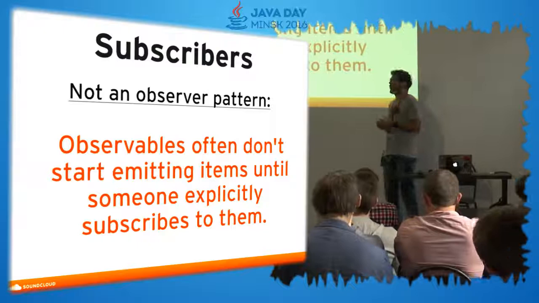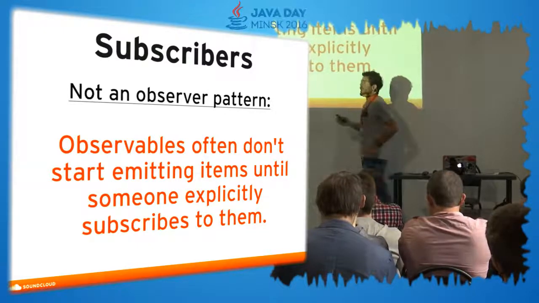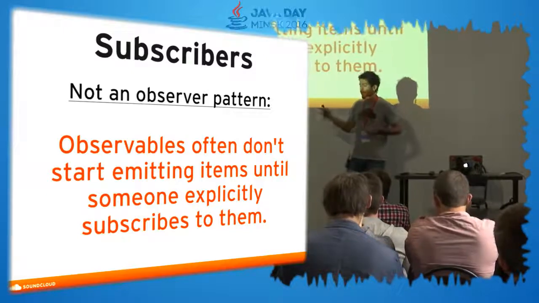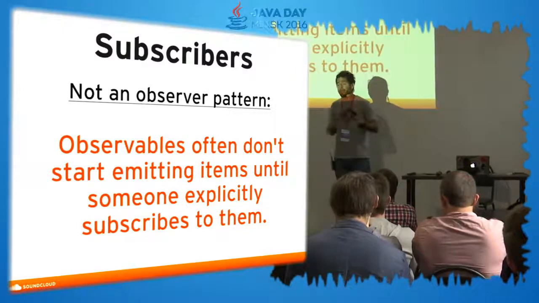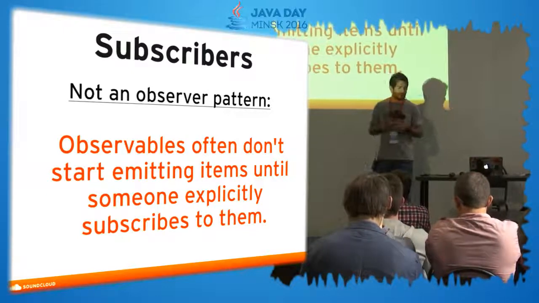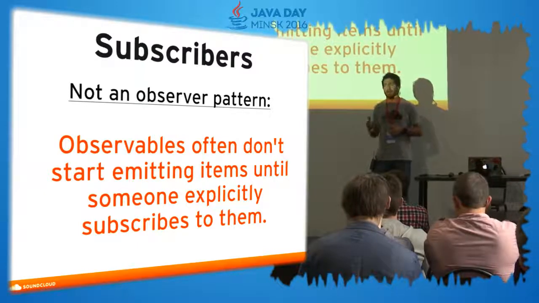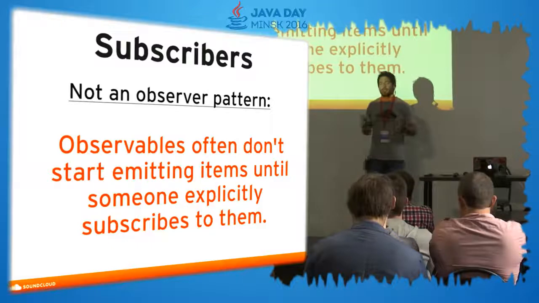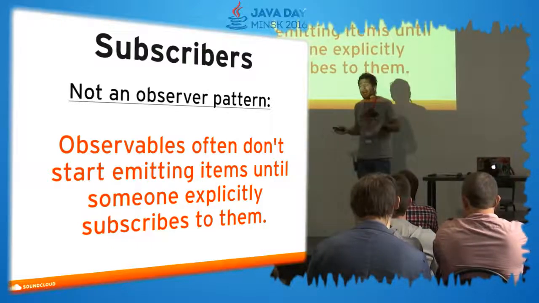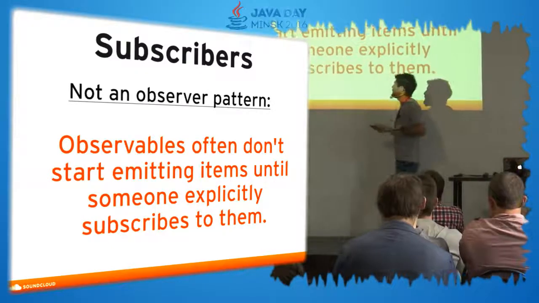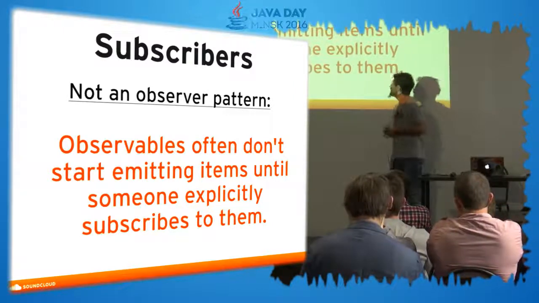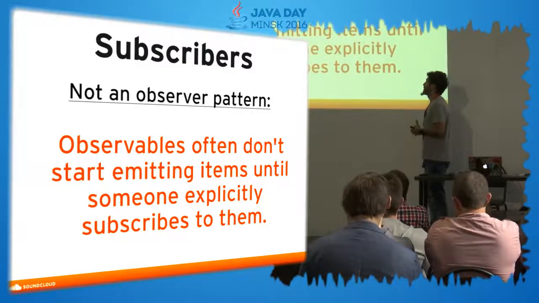That is called a cold observable. Then we have hot observables that are constantly emitting, and whoever subscribes to them gets all the data. But honestly, from my experience, I haven't seen that on Android yet. If someone here has played around with the backend side or with RxJava, maybe they know another use case, but I don't think hot observables are extensively used.